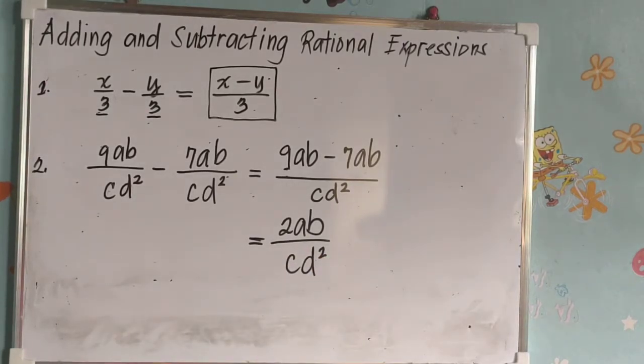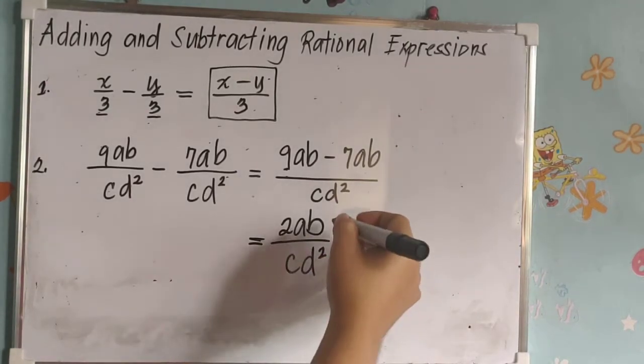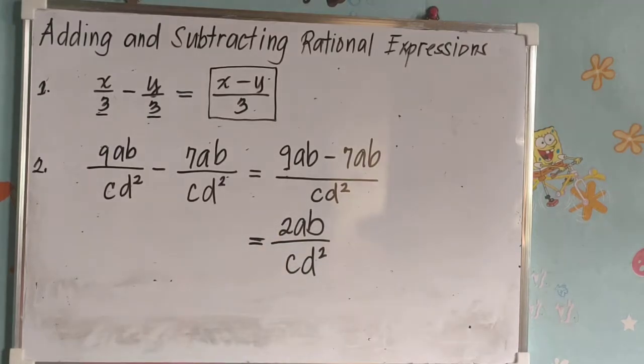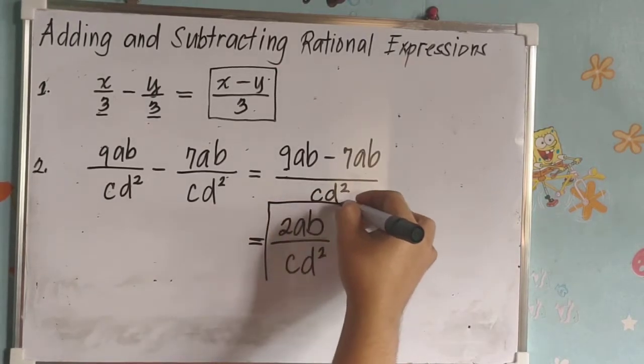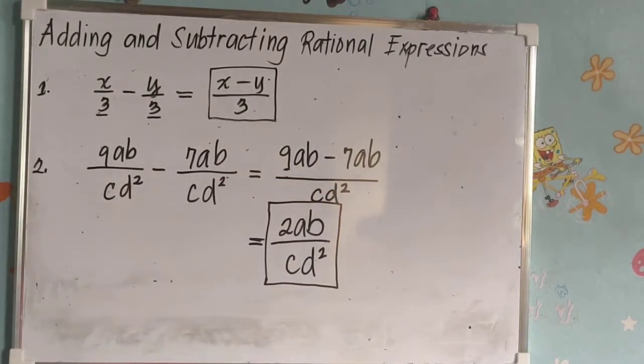And then observe if there are common variables that can be cancelled out. But in this case, there is no common variable, therefore this is now our final answer. We have 2ab over cd squared.